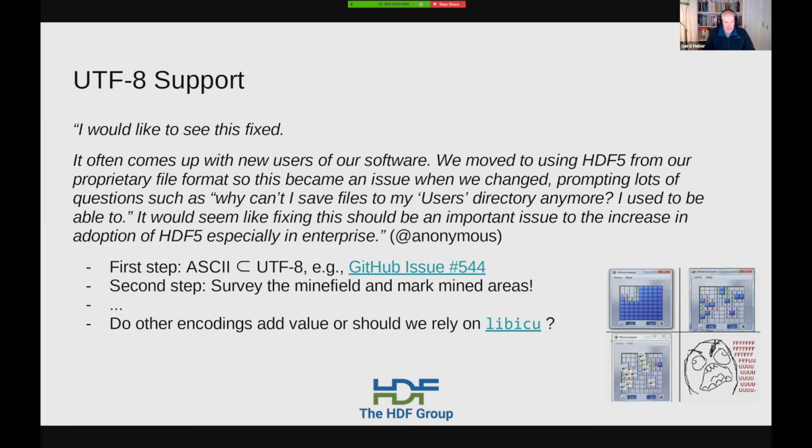And the second step would be, when it comes to where strings are baked into the file format, take tags of opaque types, names of fields and compound types, file names referenced in external links, in references, and so forth.